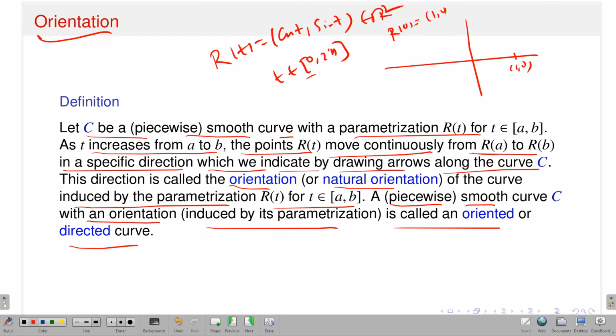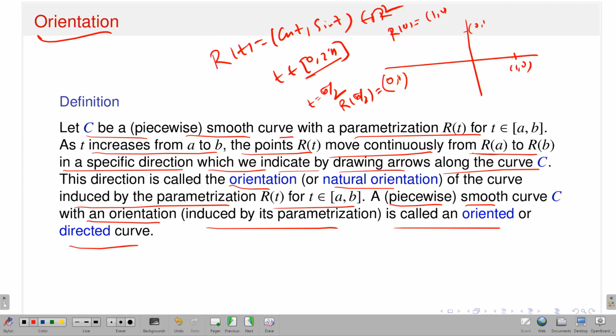Now t is running from 0 to 2 pi. If I take t equal to pi by 2, then R(pi/2) should be cos pi by 2 comma sin pi by 2. Cos pi by 2 is 0, sin 90 is 1. That means I will have this point (0, 1). So it's a circle.